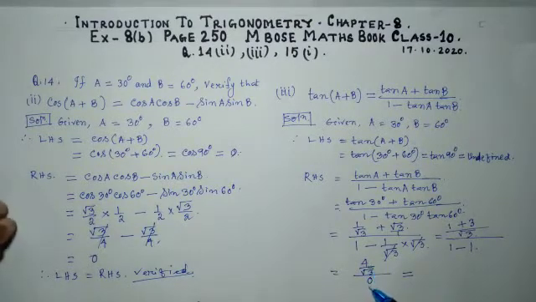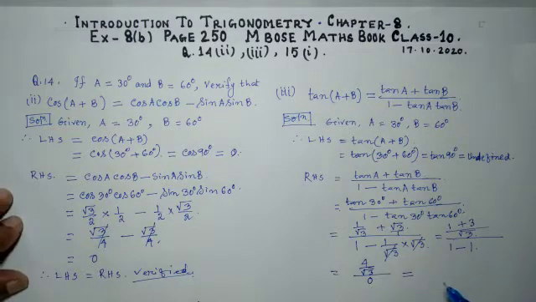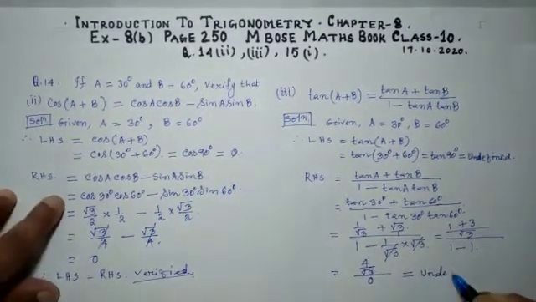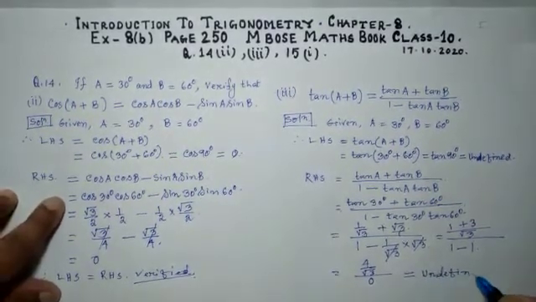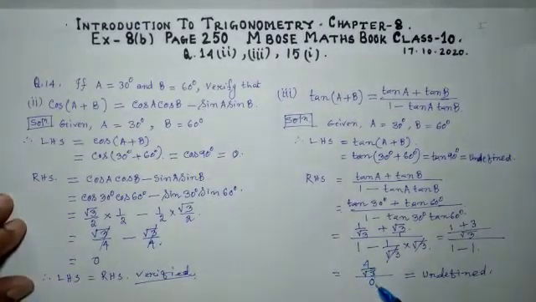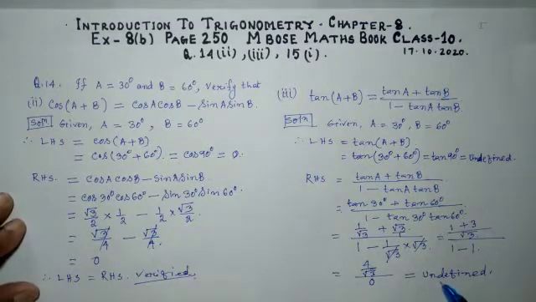Any number divided by 0, the value is not defined. So we can write it directly, undefined. Why is it undefined? Because any number we divide by 0, the value is not defined. So 4 by root 3 divided by 0, it is undefined.